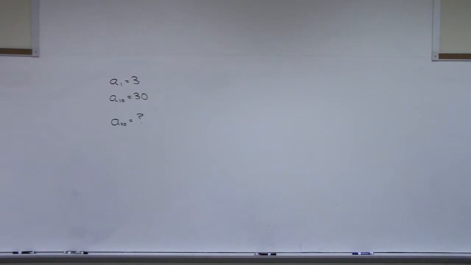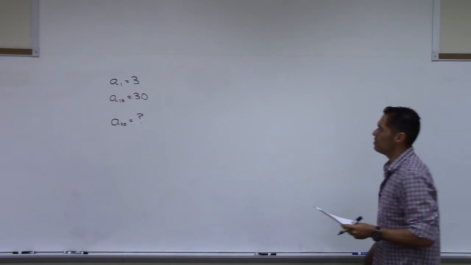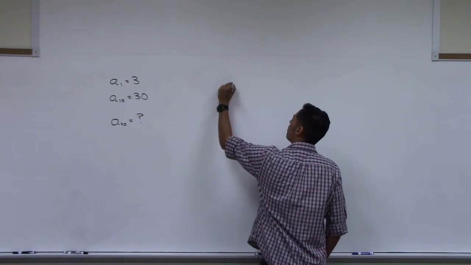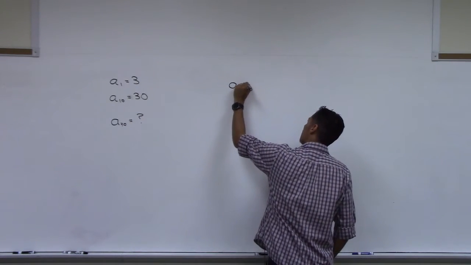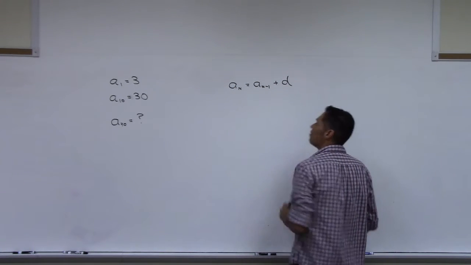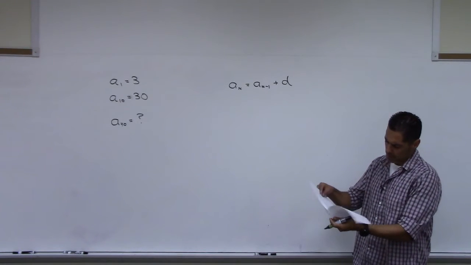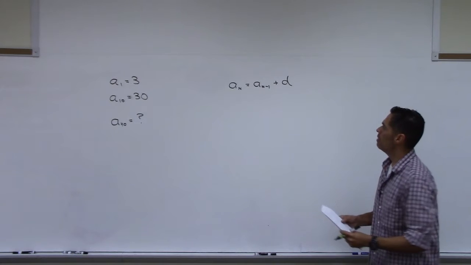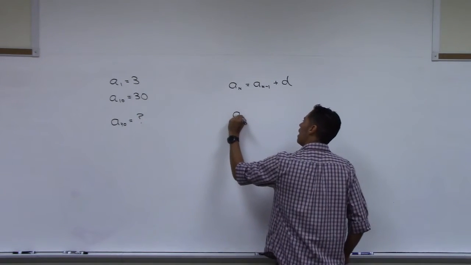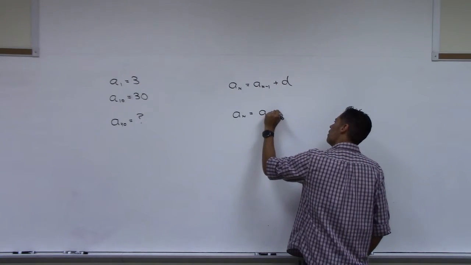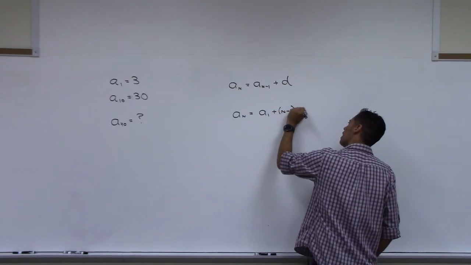Now, we are told that it is an arithmetic sequence, so we have a couple of things. One is that a sub n equals a sub n minus 1 plus d. That was the formula from the very beginning. And then we also have another formula that says a sub n is equal to a sub 1 plus n minus 1 times d.